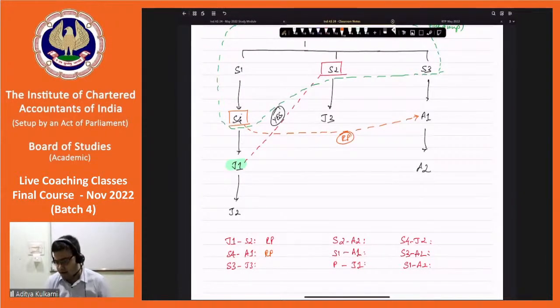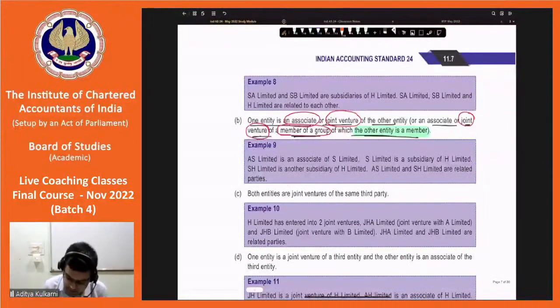Boys, I have Jay Srivastav and Tanushri, if you are there still. S4A1 related. Srinidhi is saying, sir, all are related. That does not work that way. Look at the words. Beta, Srinidhi, think about it.